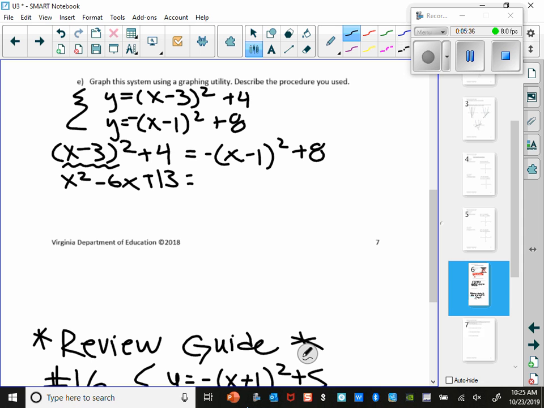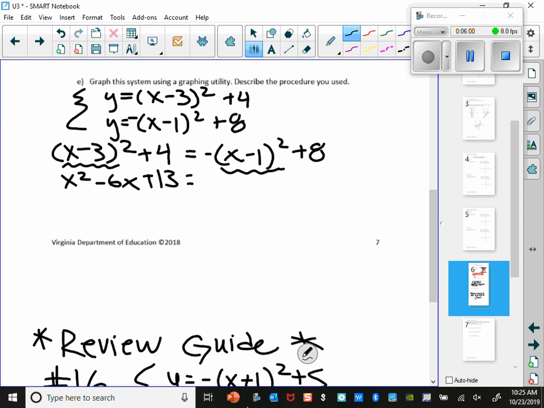So then over here on the right side, think about your order of operations, parentheses, exponents. So that means I needed to square this out first. And then after I do exponents, it's multiplication. So I have to multiply that full trinomial by what?